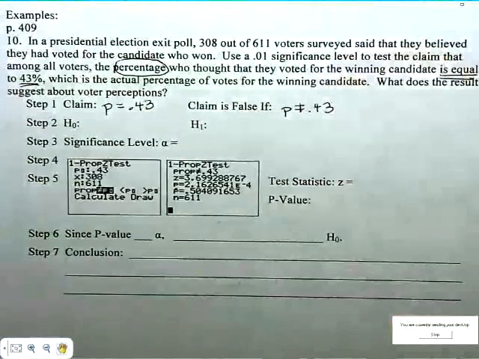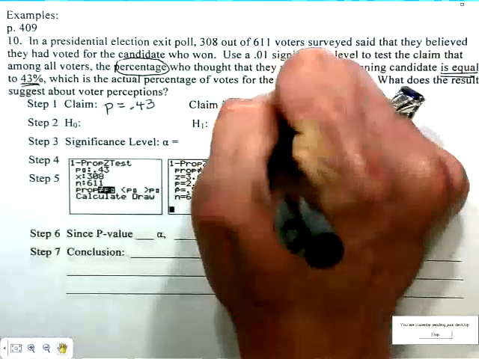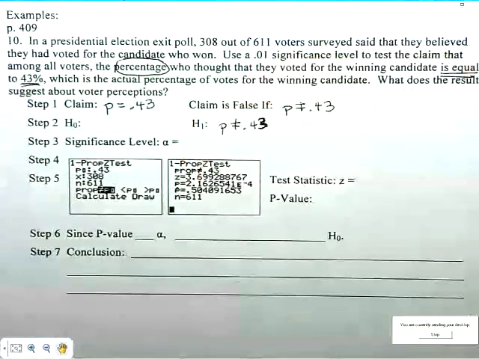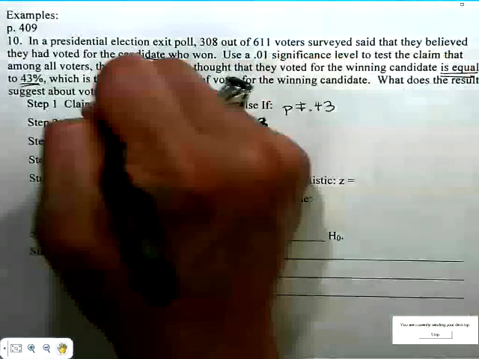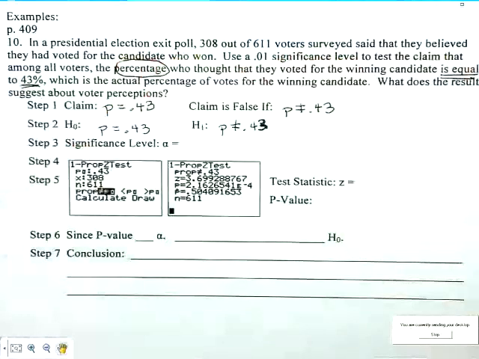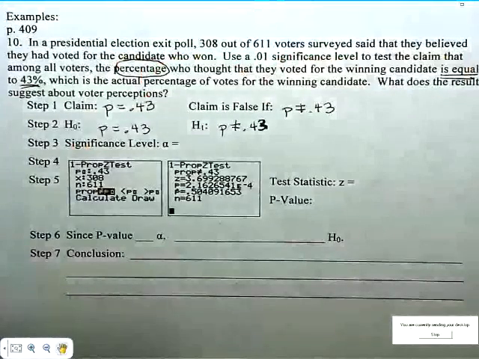The one that doesn't have the equals in it. And what is the null hypothesis? It always has equals. No matter what the claim is, no matter what the anti-claim is, the null hypothesis always has an equals in it. That's the beginning.